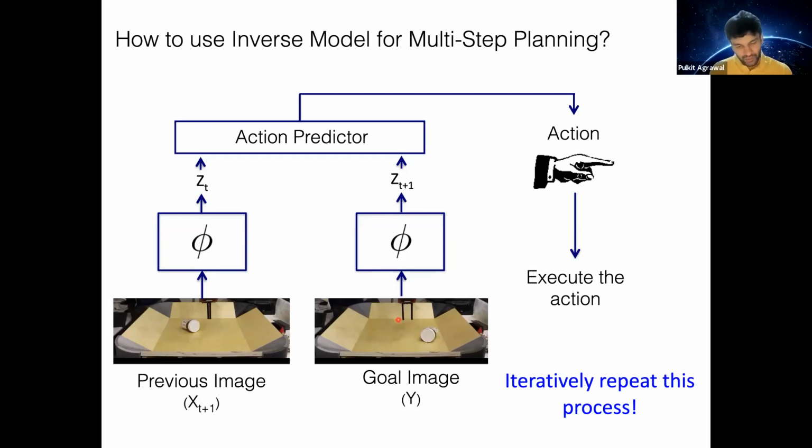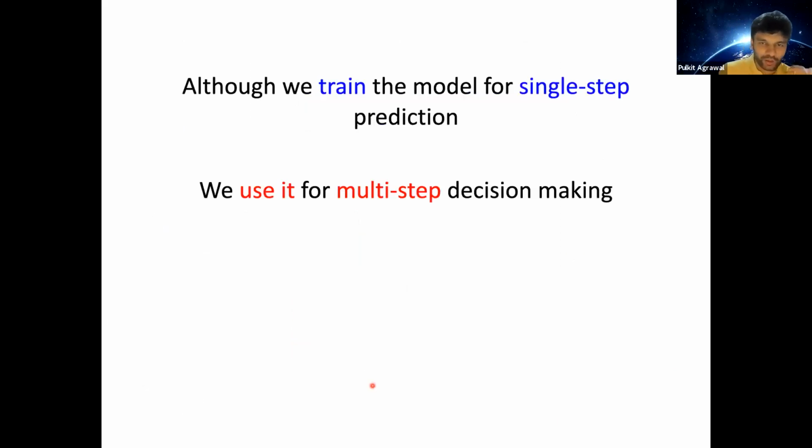Over here, instead of doing that search, I'm going to just take my current image and my goal image and directly output my action, and repeat this process iteratively until I think I'm close enough to the goal image. So in the first part, although we are training the models for a single step, we're going to use it for multi-step decision making.